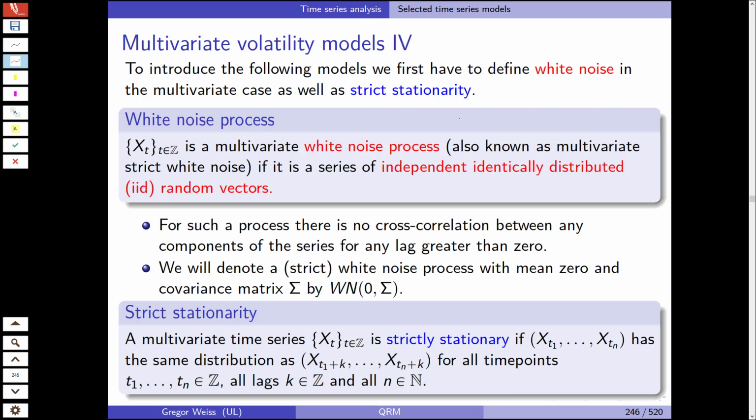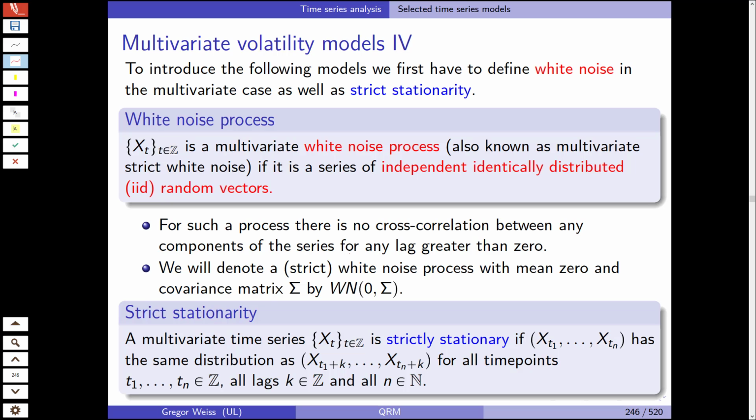So we call xt a multivariate white noise process, also known as a multivariate strict white noise, if it is a series of independent, identically distributed IID random vectors. So they need to be independent and distributed according to the same random law. For such a process, there is no cross-correlation because of the stochastic independence. All those correlations are zero.